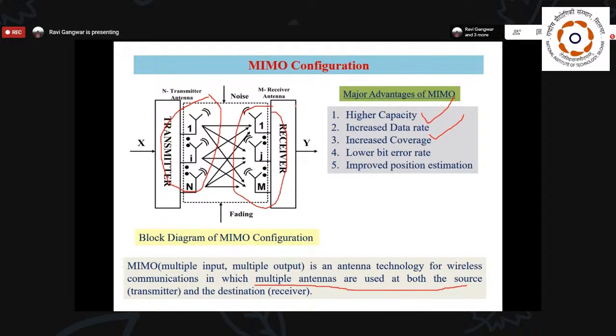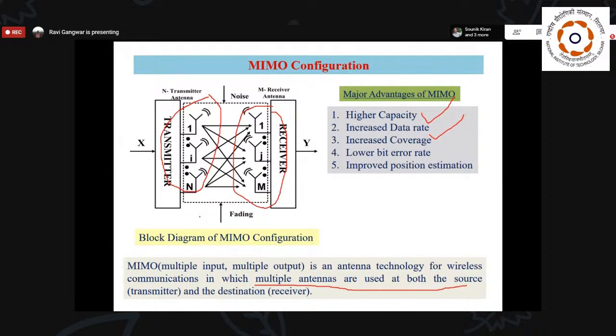In terms of system capacity, that is directly related to the number of antennas. If we increase the number of antennas, we are able to increase the capacity. Similarly, we increase the data rates, because we are able to transmit more than one signal simultaneously at the same time. In such a manner, we get these advantages.